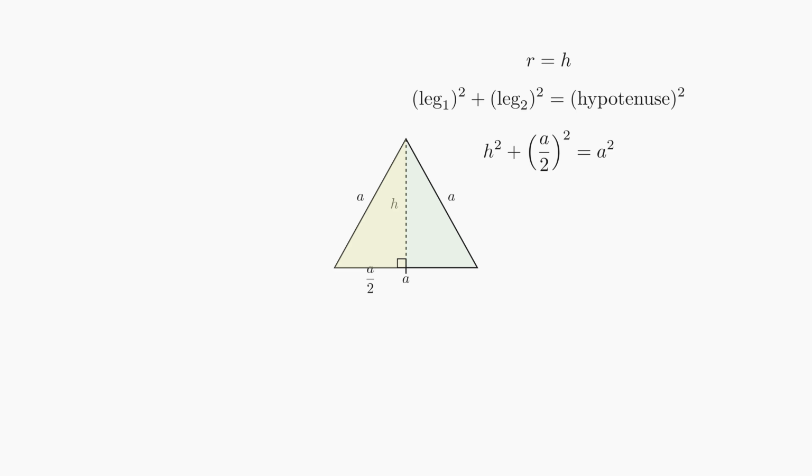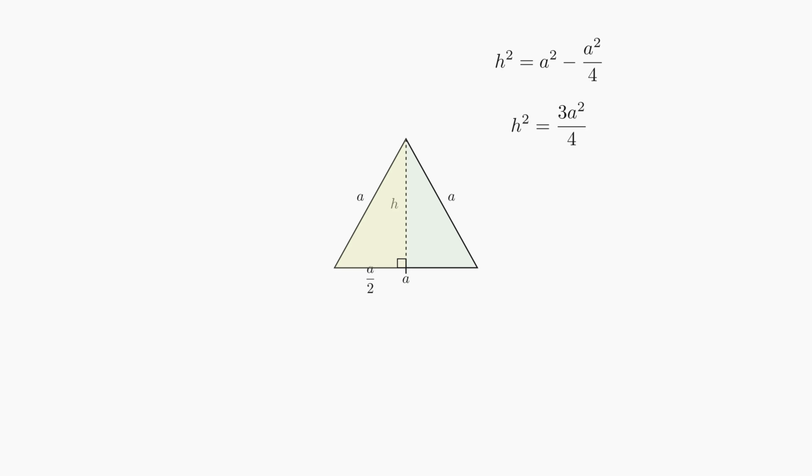So we get h squared plus (A over 2) squared equals A squared. Let's expand (A over 2) squared. Substituting back into our equation. Subtract A squared over 4 from both sides. On the right, A squared minus A squared over 4 equals 3A squared over 4.